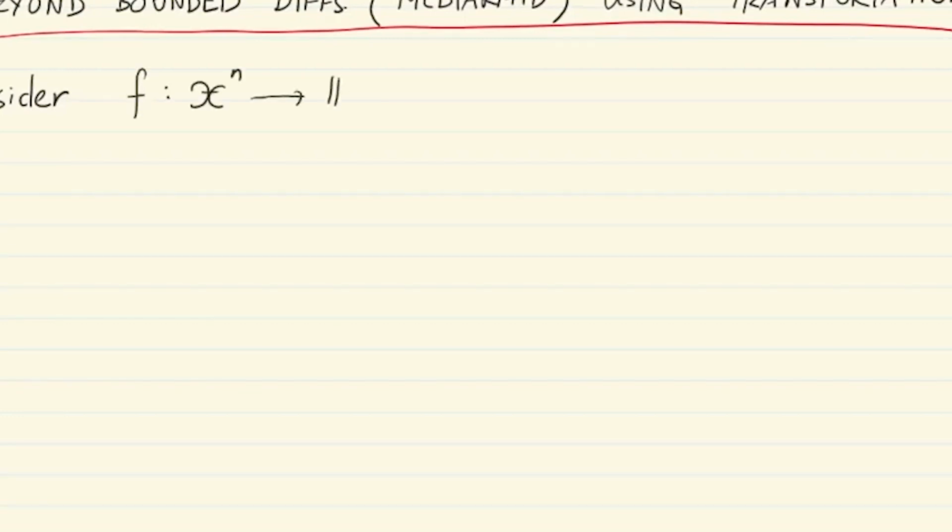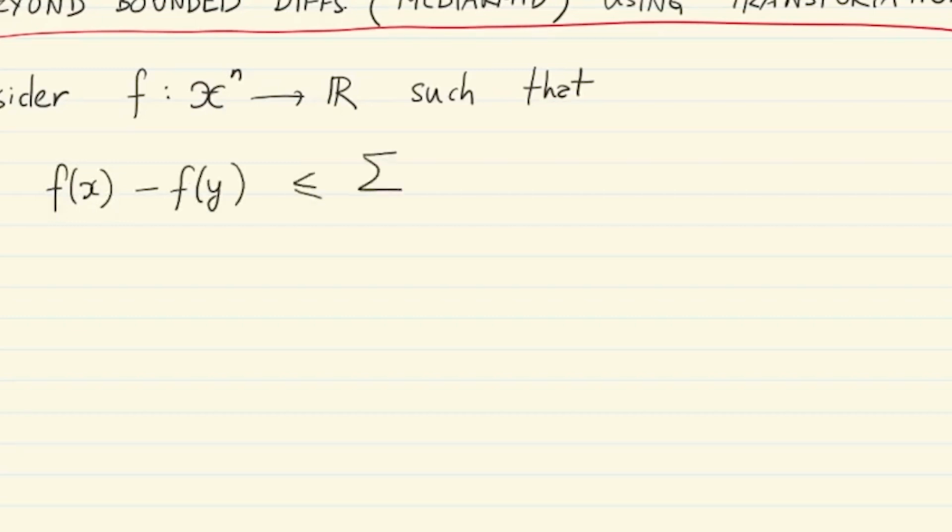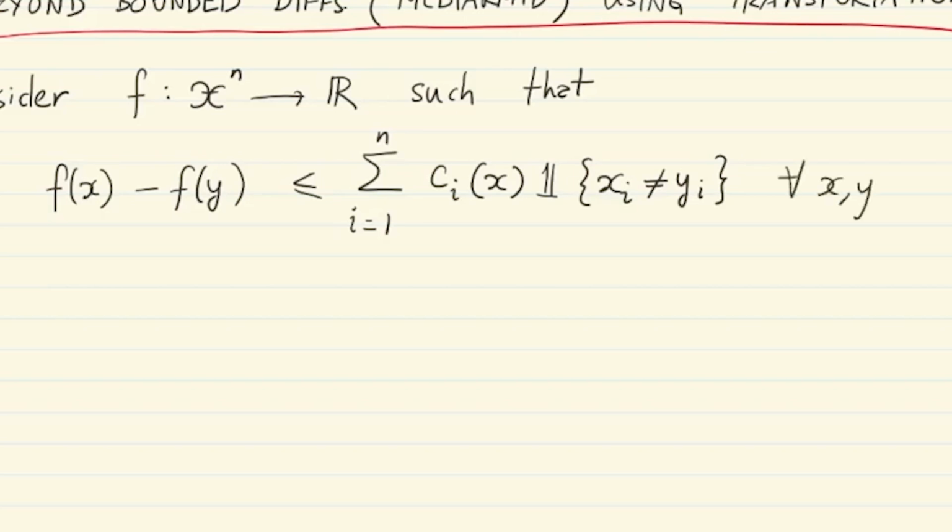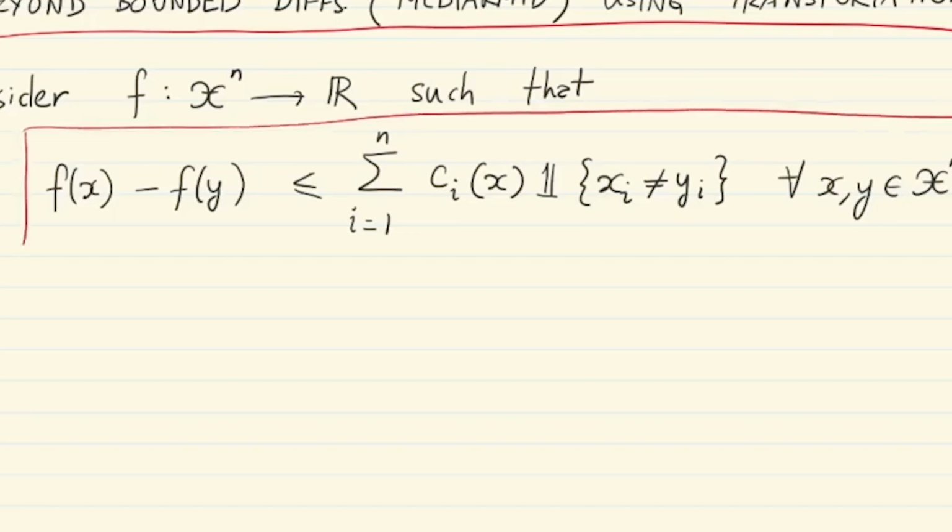So f is a function such that, let's say, f of x minus f of y can be bounded by an x-dependent type bounded difference vector of the form c_i of x times the indicator that x_i and y_i differ, okay, for all vectors x and y in the Cartesian product X^n. Okay, so this property, let's call this property for future use as property star.